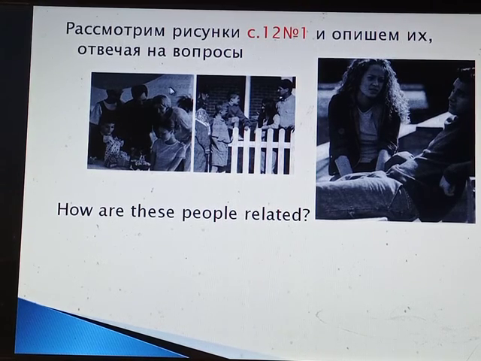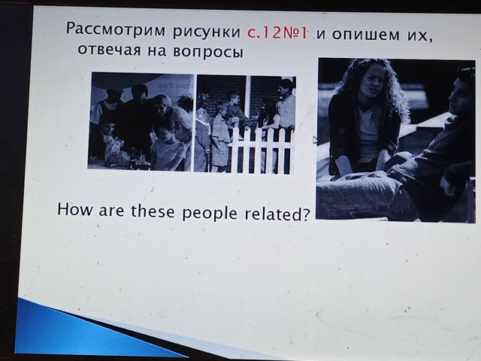I think these people are family. What do you think about picture 2? How are these people related? I think they are people who live next door, so they are neighbors.